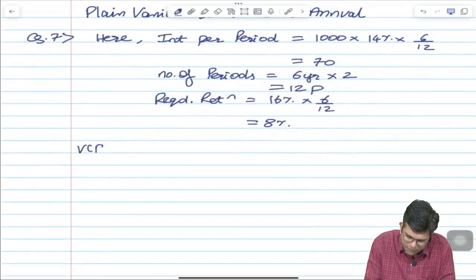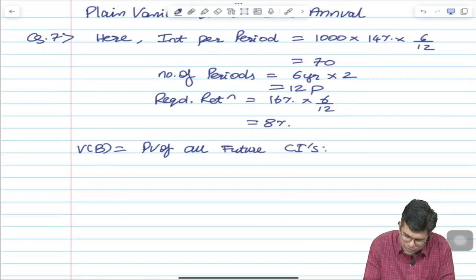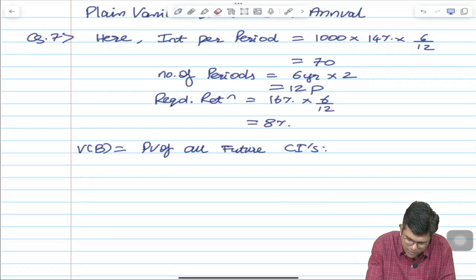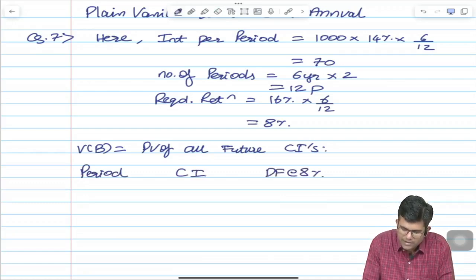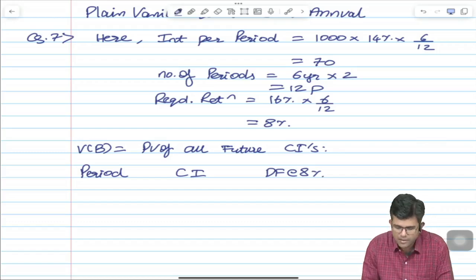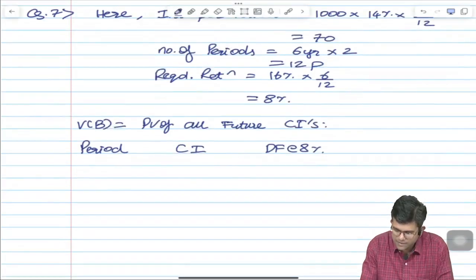They are asking you to find the value of bond. Value of bond is the present value of all future cash inflows. Not year, period. Everyone clear? Period, cash inflow, discounting factor at the rate 8% for every period, and present value.